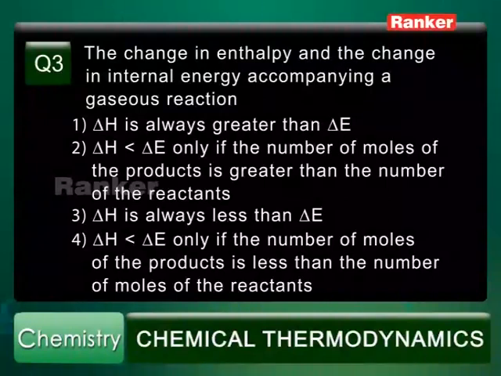In option 3, enthalpy change is always less than internal energy change. Option 4, enthalpy change is less than internal energy change if the number of moles of the products is less than the number of moles of the reactants. Out of these 4 options, we have to select the correct option.